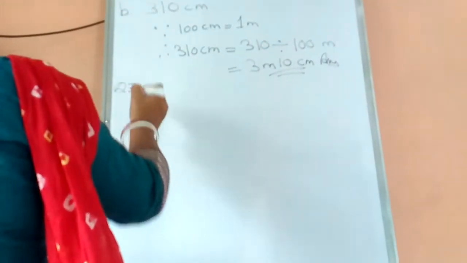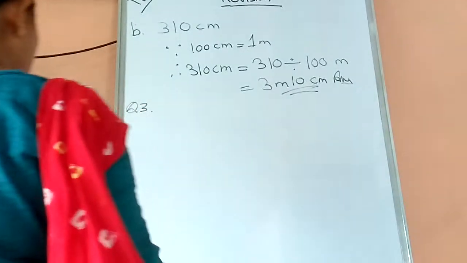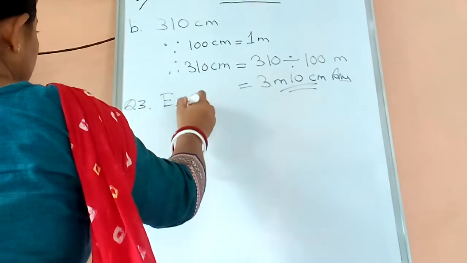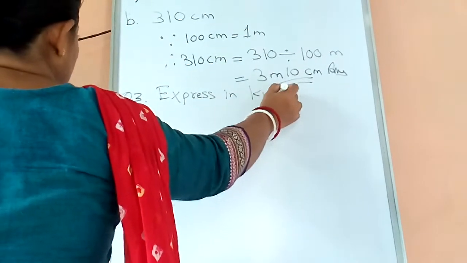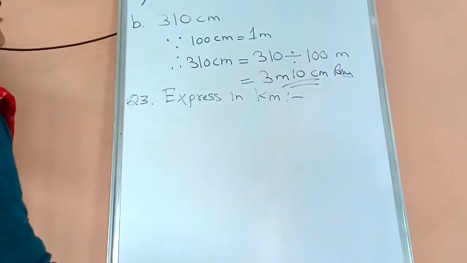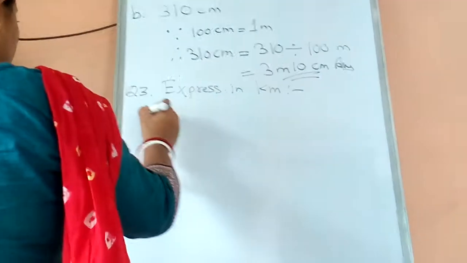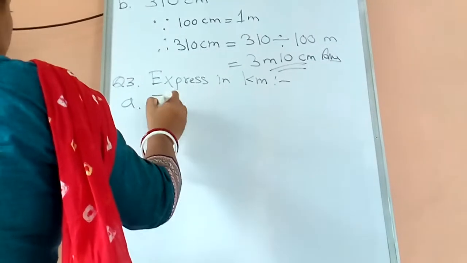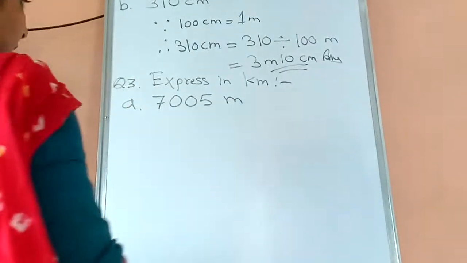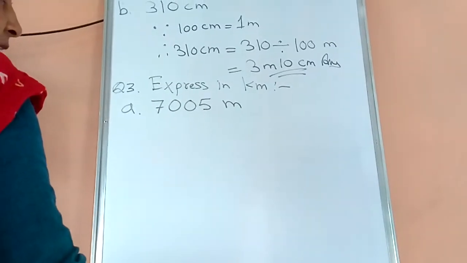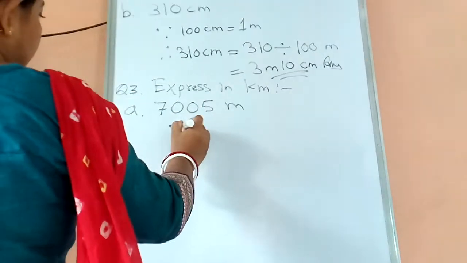Now let's write question number 3. Express in kilometer. Now you have to change into kilometer. First one is 7005 meter. Now this you have to change in kilometer. Meter is given to kilometer. What you will write?